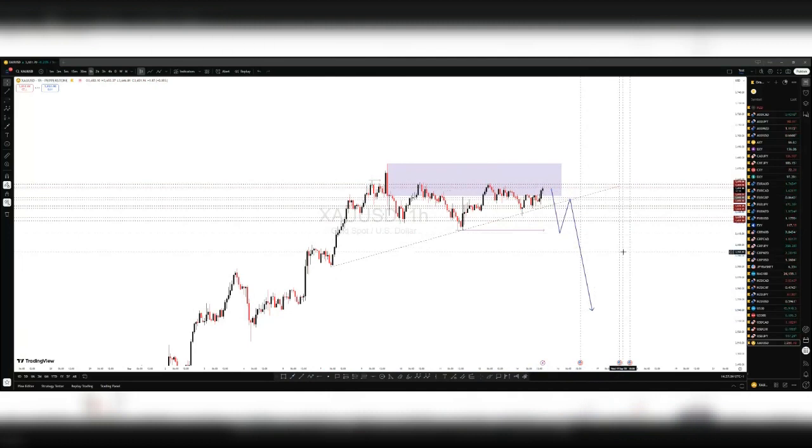You want to see the trend line get broken and retested. If that happens, all good, and then we can continue with that sentiment. Do you guys get it? So that is the sentiment for gold.